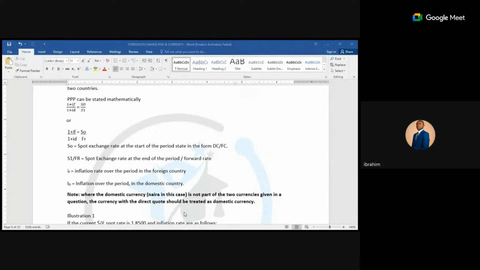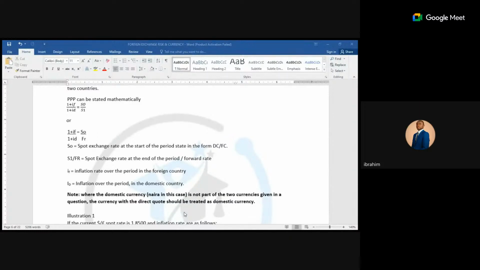That means you have to check the inflation of the domestic currency given in the question. If you have euro to dollar and the company in question is a German company, the euro will become your domestic currency because it is a direct quote. Why? Because the country where the company is situated is Germany.